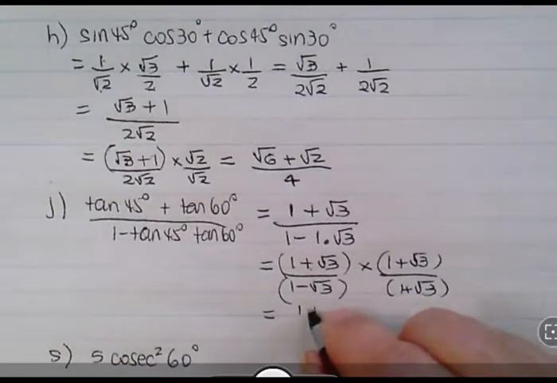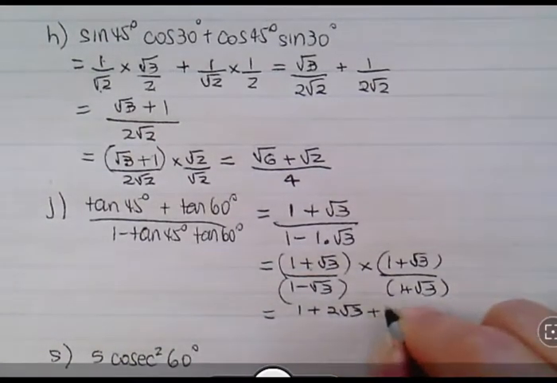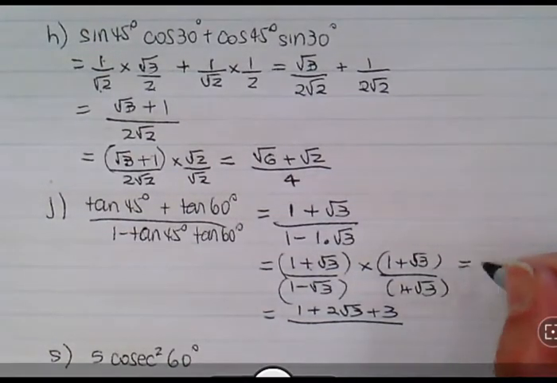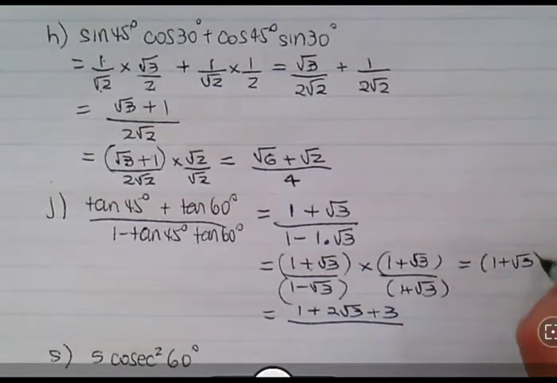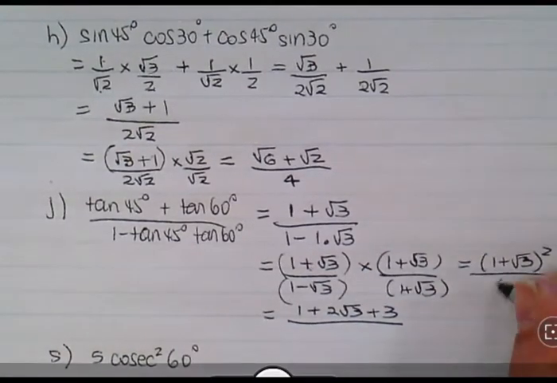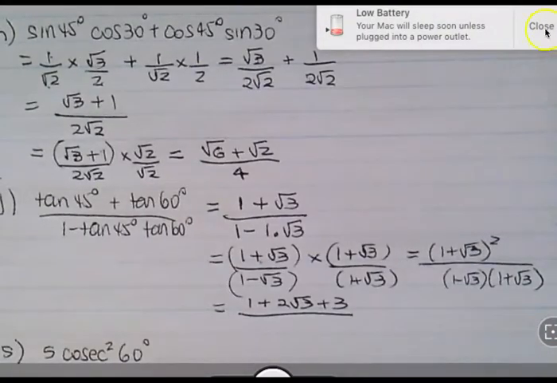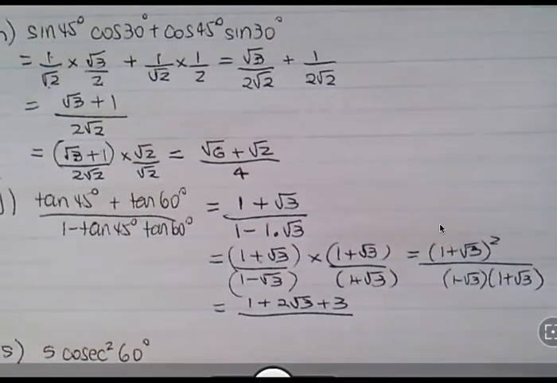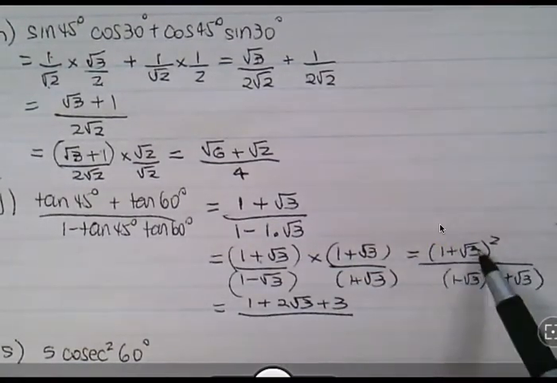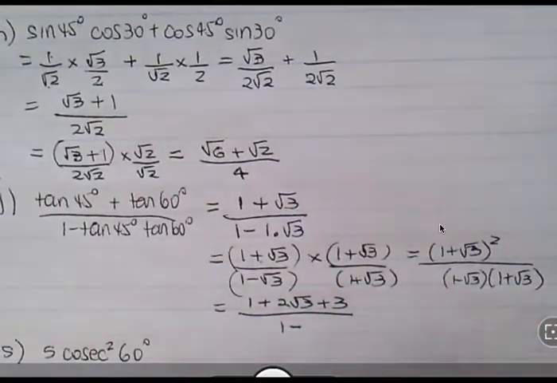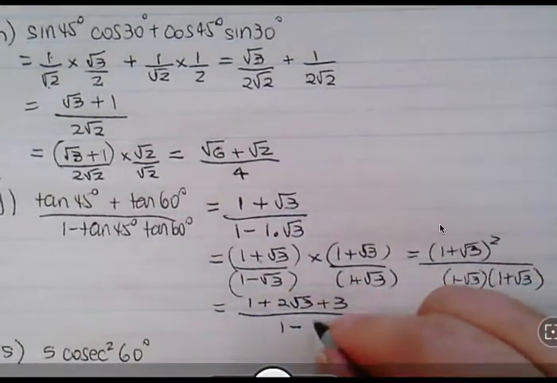So isn't that 1 plus 2 root 3 plus 3 over, that is 1 plus root 3 all squared. That is 1 plus root 3 squared over 1 minus root 3, 1 plus root 3. We've got a perfect square over the difference of two squares. So it's 1 plus 2 root 3 plus root 3 squared is 3 over what? 1 minus 3.